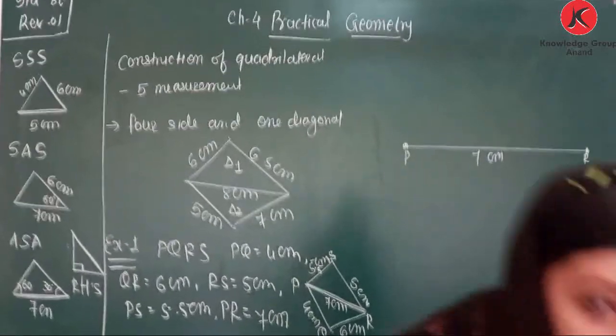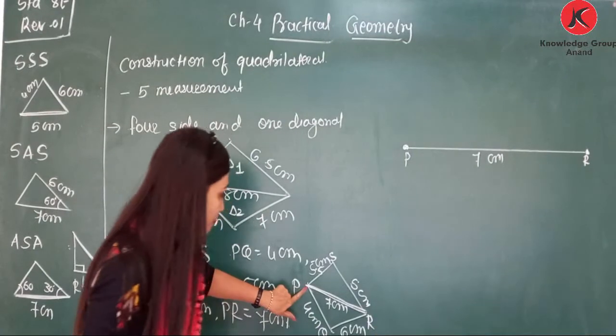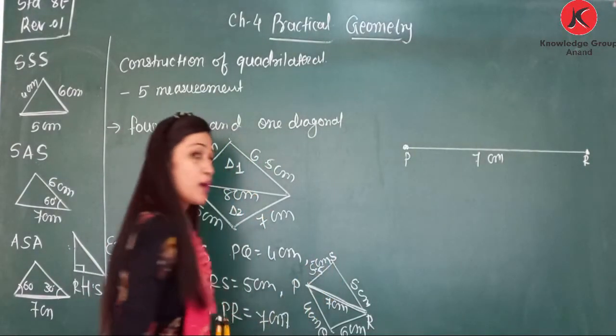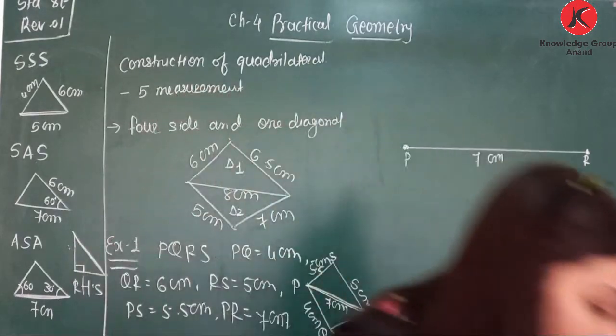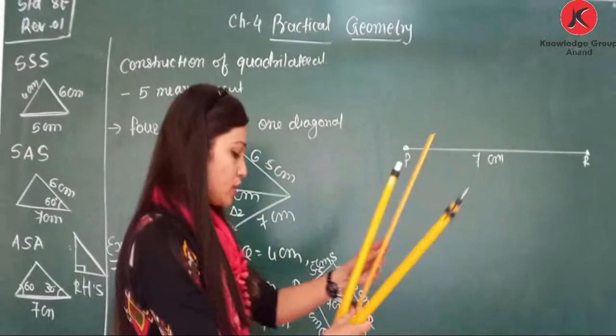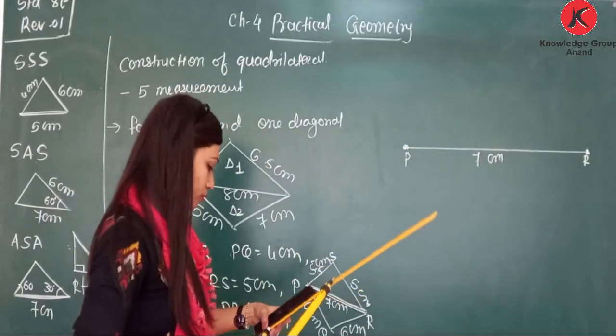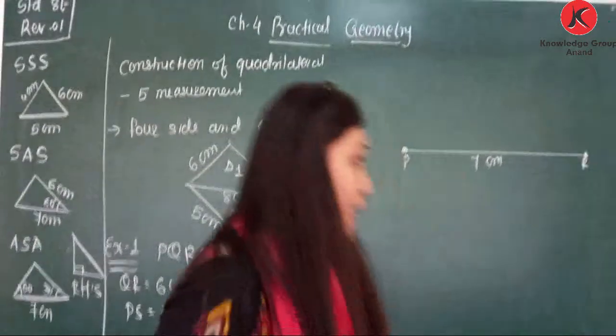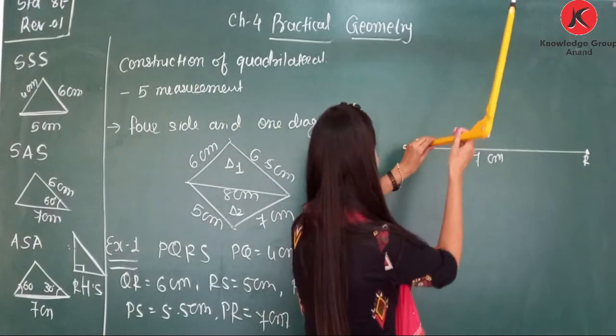Using compass, from P, make an arc of 5.5 centimeter, because PS is 5.5 centimeter. So with compass and scale, take the measurement of 5.5. So this is our 5.5 and we will make the arc from P.